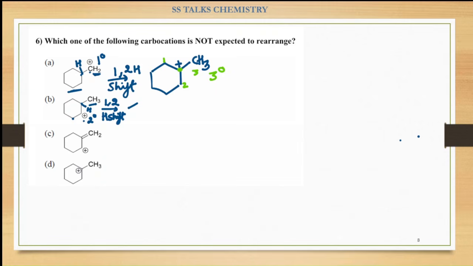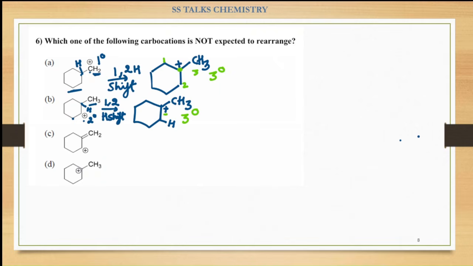After that, the molecule you will be getting is a ring with the methyl group, and the hydrogen has shifted to this side, so the positive charge comes at this position. Here the carbon now carrying the positive charge is attached to 3 carbon atoms, so this is a tertiary carbocation. That means this rearrangement is again going to occur.